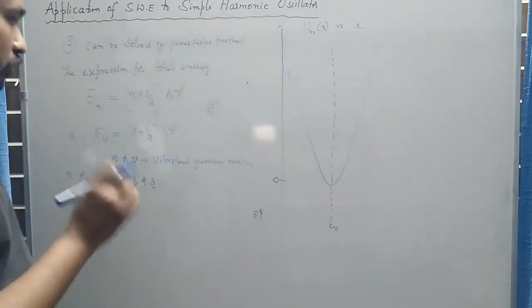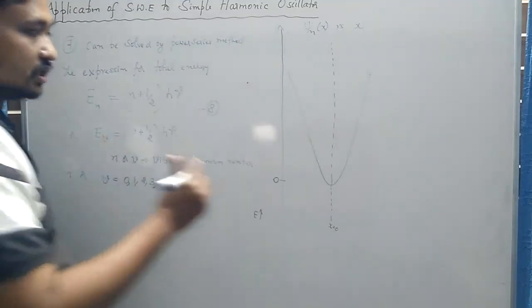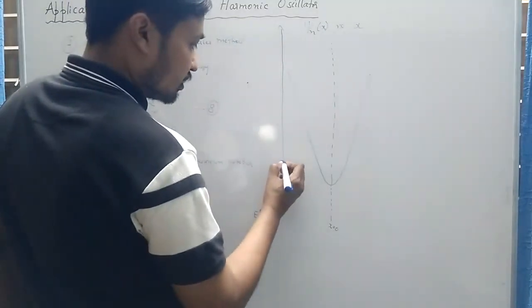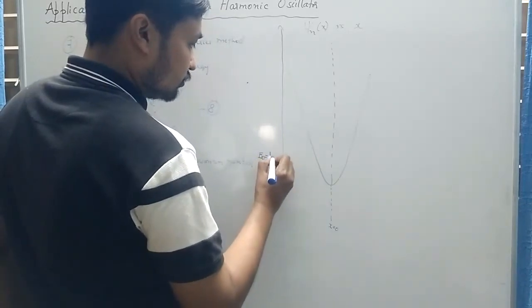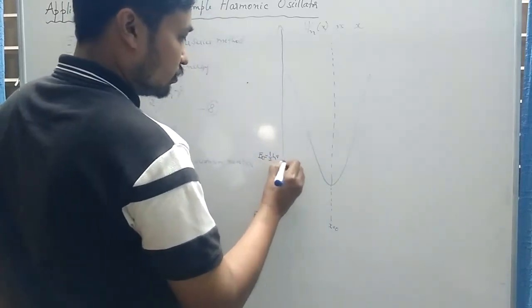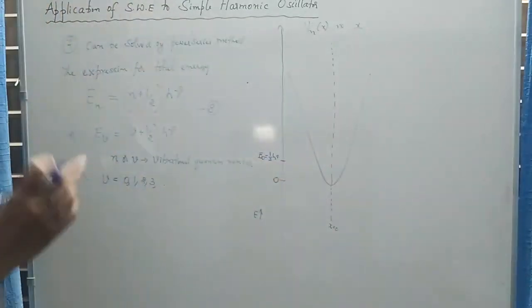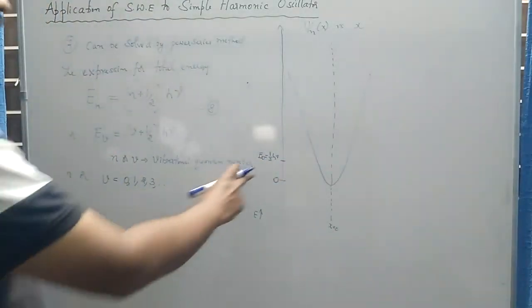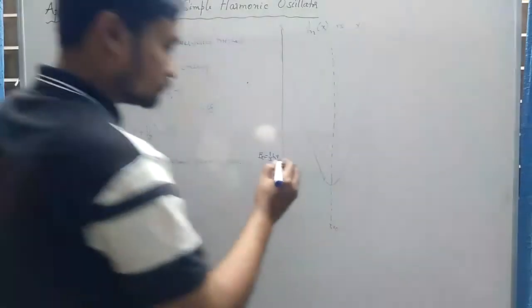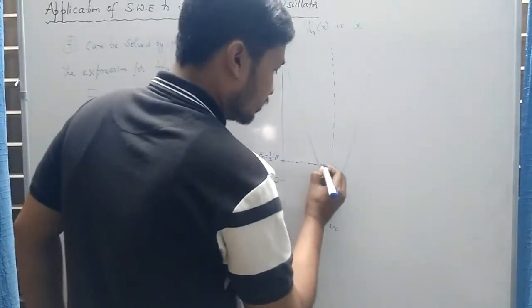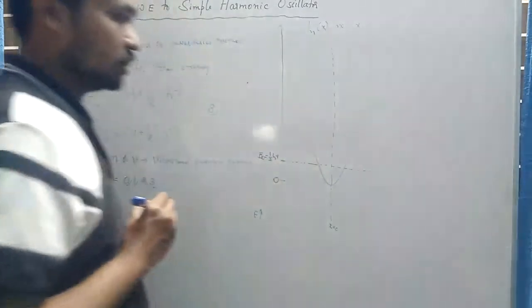The minimum energy it can have is E0 equal to half h nu. So the lowest vibrational energy the molecule can have is E0 equal to half h nu. So this is the lowest energy scale.